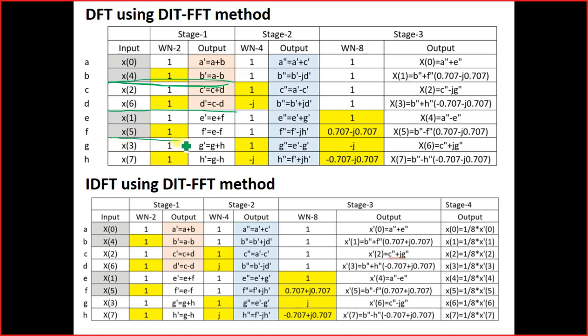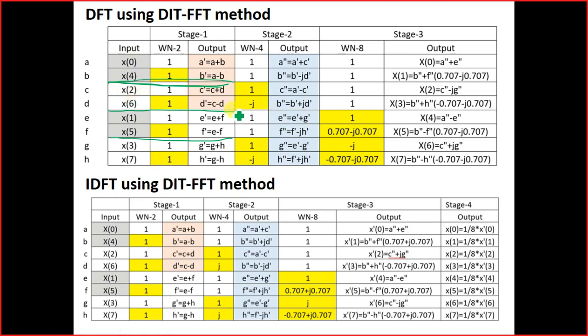Similarly, in x1 and x5, you will get e plus f and, in the second one, e minus f, and lastly, you will get g plus h and g minus h. Then we have completed the 2-point stage.